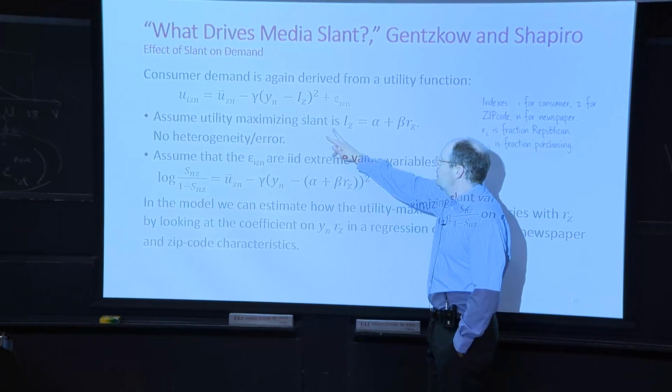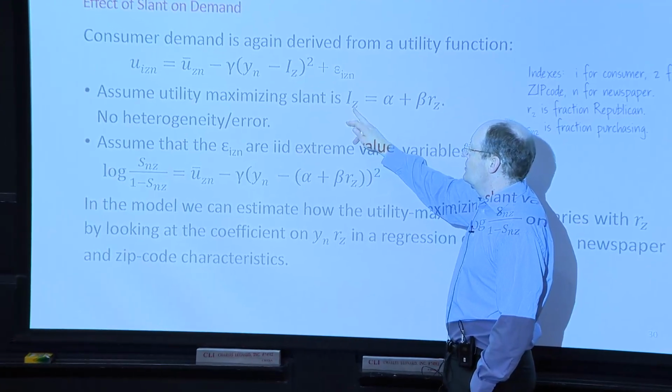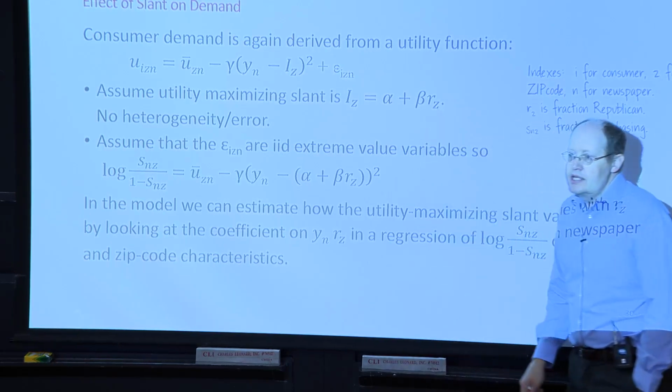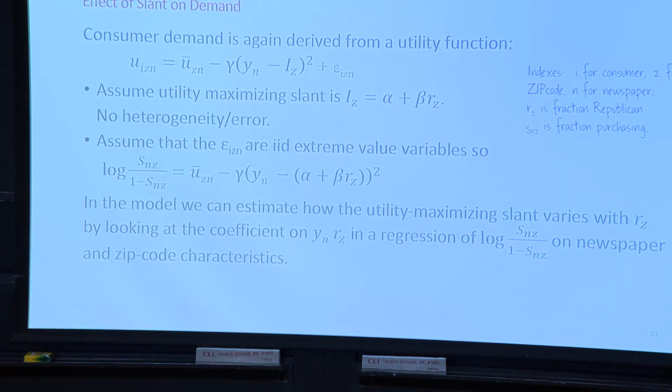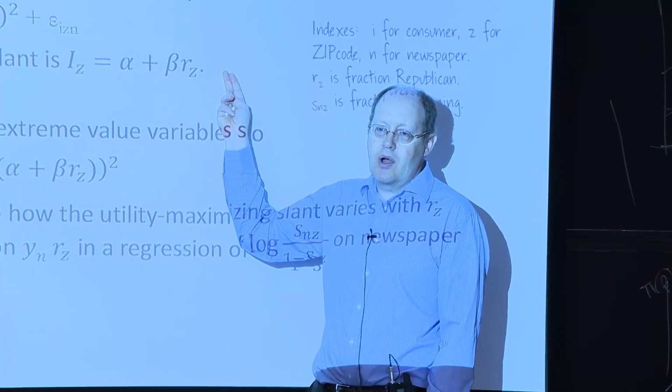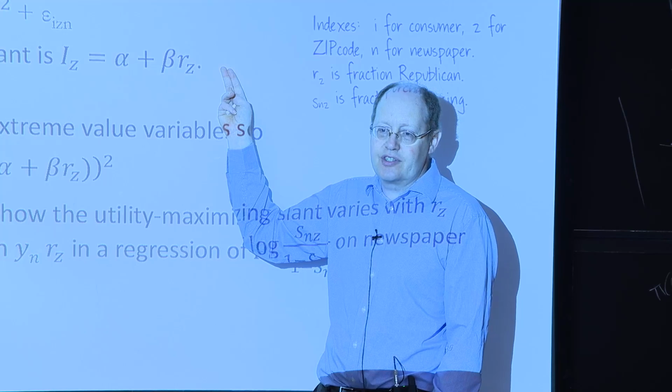They assume that the utility maximizing slant in zip code Z is just alpha plus beta times R_Z, where R_Z is the fraction of people in zip code Z who are Republican. Okay? So it's a very specific assumption in several ways. There's no heterogeneity. All people in zip code Z have exactly the same preferred slant.